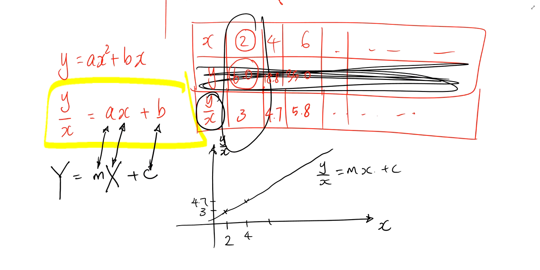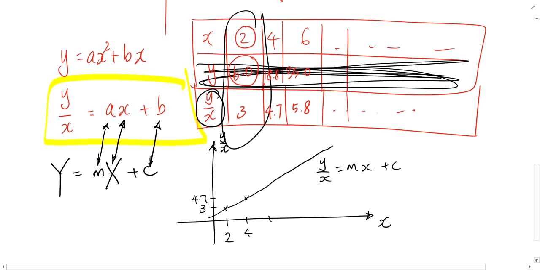Good. So he is saying that the value of a corresponds to the gradient of this straight line, which you can find after you plot a graph, isn't it? Especially if it is a straight line. So the next thing you need to know is that for this topic, when you plot a straight line, first you must cut the vertical axis. Second, you will need to draw a big triangle to find the gradient.